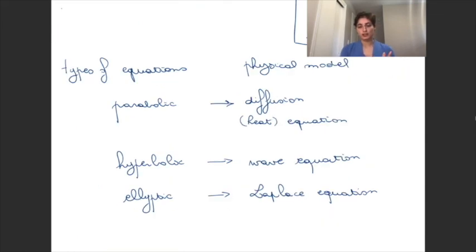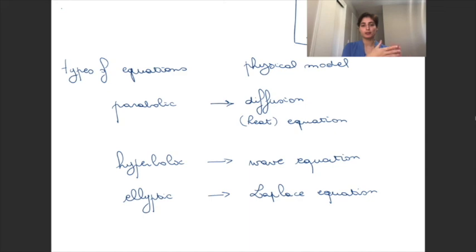It's interesting to see how the mathematical behavior, so the distinction between parabolic, hyperbolic, and elliptic PDE, corresponds to a difference in the physical models that they are showing. So a parabolic PDE corresponds to a diffusion equation, so something that starts at one point and gets dragged around your domain.